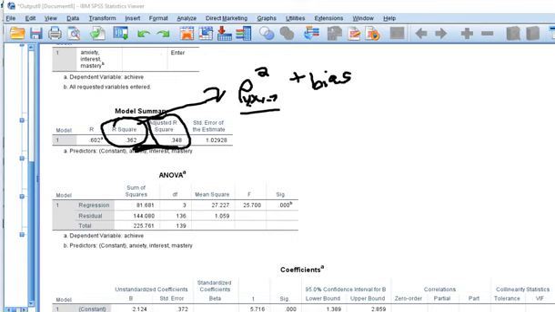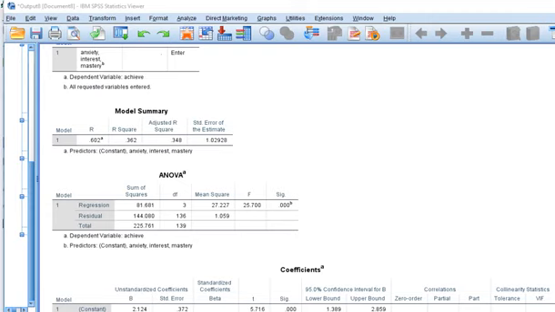The difference between R square and adjusted R square is referred to as shrinkage, and basically it reflects the idea that we have a positive bias in the R square value, so we want to adjust for that. The F test proper is a test of the R square value, not of adjusted R square. So when you're reporting your results, you'll report the R square, the significance test, and then you can report the adjusted R square in addition.